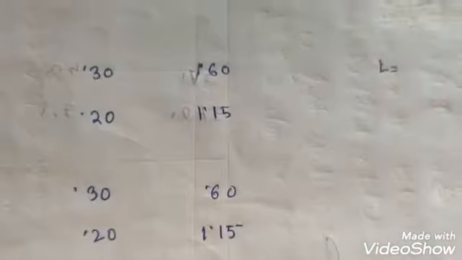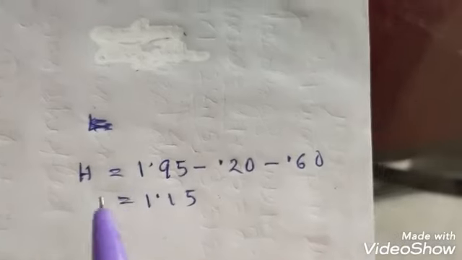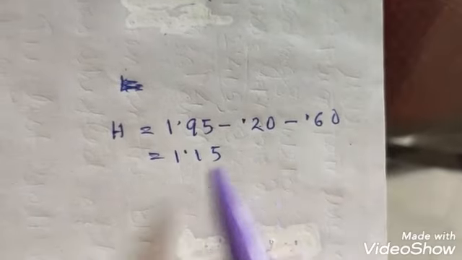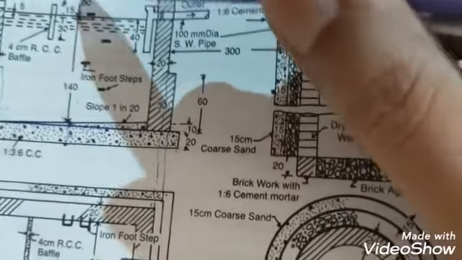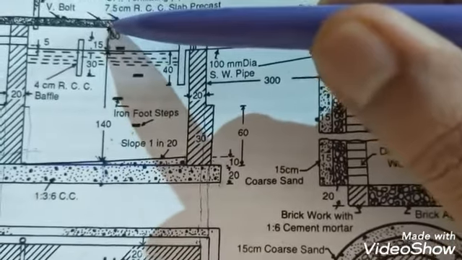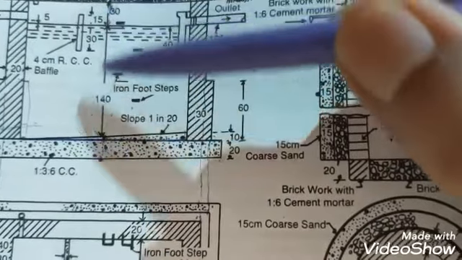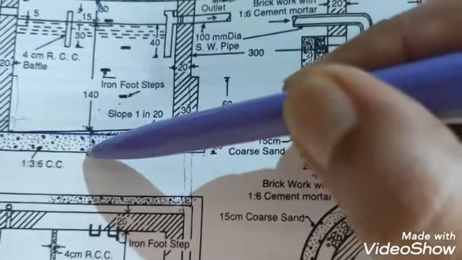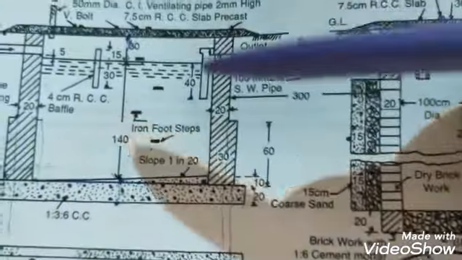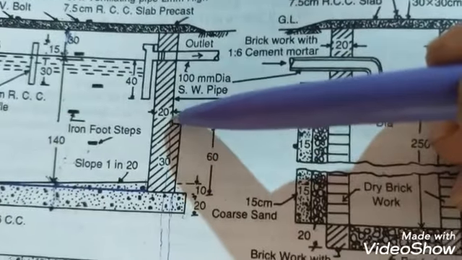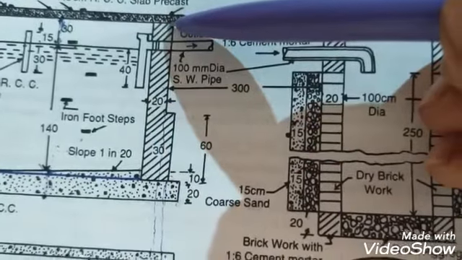And the height. So what is the height? 1.95 minus 0.2 minus 0.6. How come it is 1.95 minus 0.2 minus 0.6? See, the total height was 1.95 from this very point to here. What is the height that we need? We need the height from this point to this point.